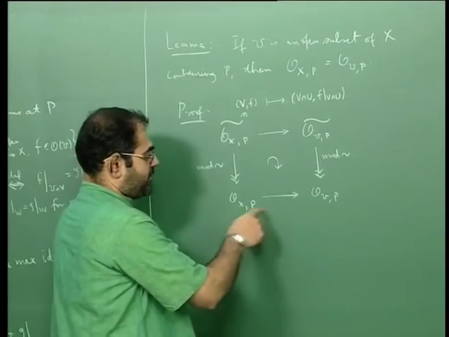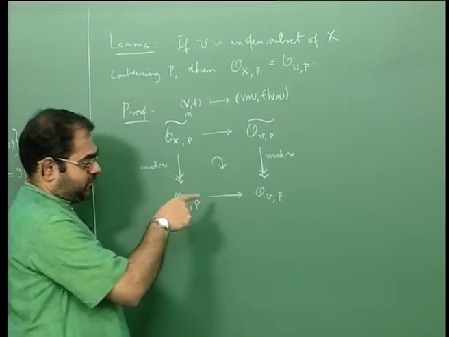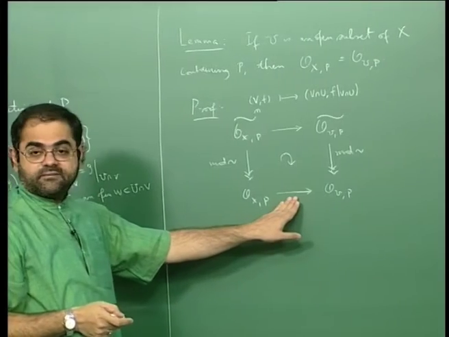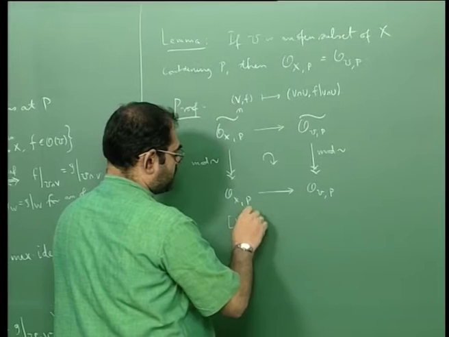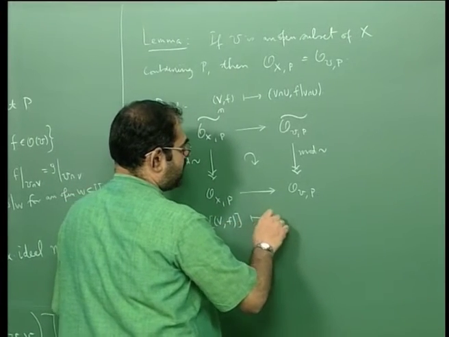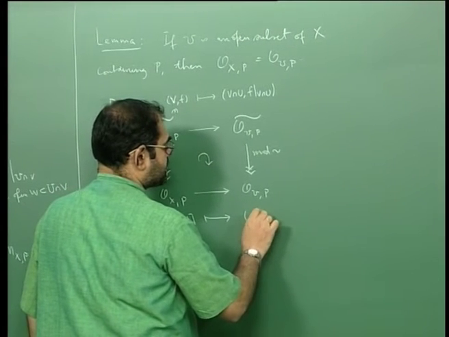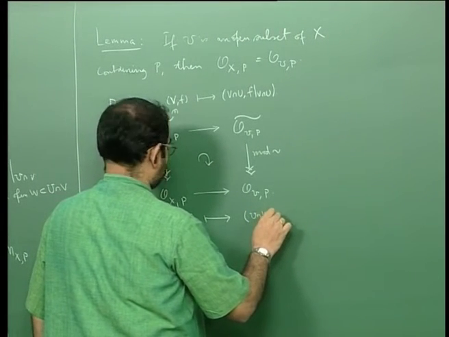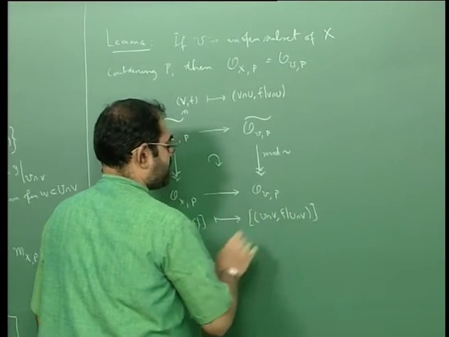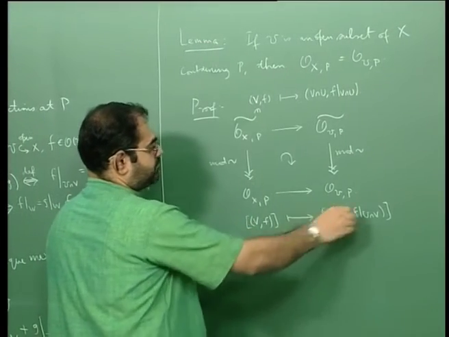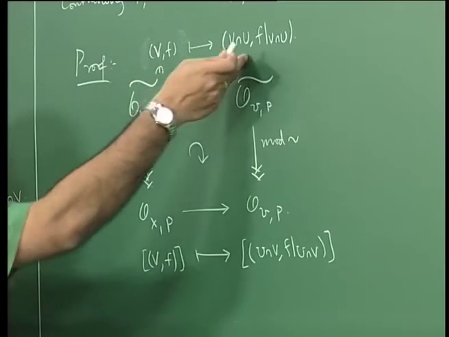You can explicitly check that this map is both injective and surjective. If I have a germ of a function (V, f), I am going to send (V, f) to (U intersection V, f restricted to U intersection V) and take its germ. This is going to be the map here, and this map is induced by that map.